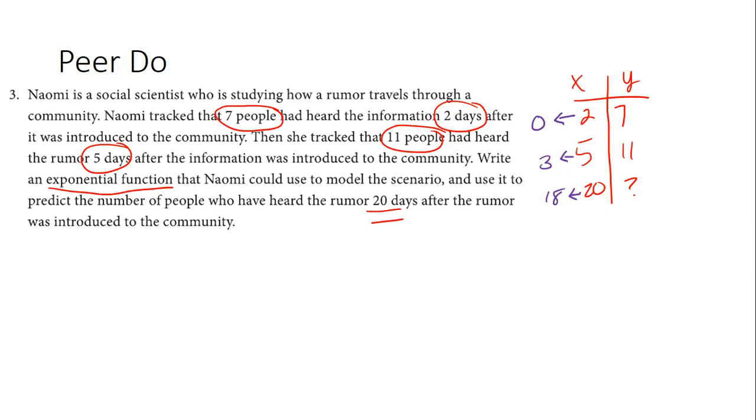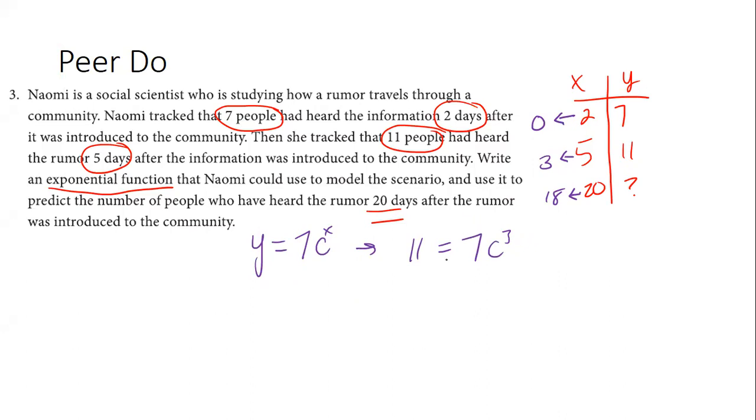Now solve. So the key setup here: y equals 7c to the x, right? Then we plug in what we knew. We know that y is 11, so 11 equals 7c to the 3rd. Why is it the 3rd? Because we made 2 our 0.